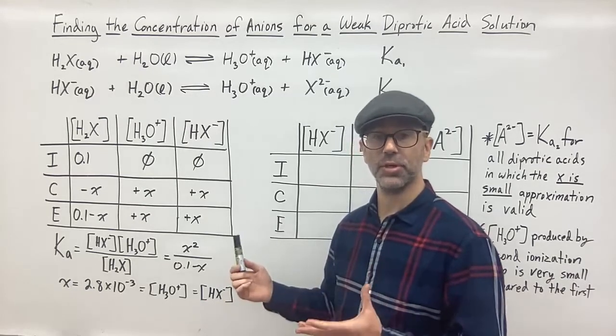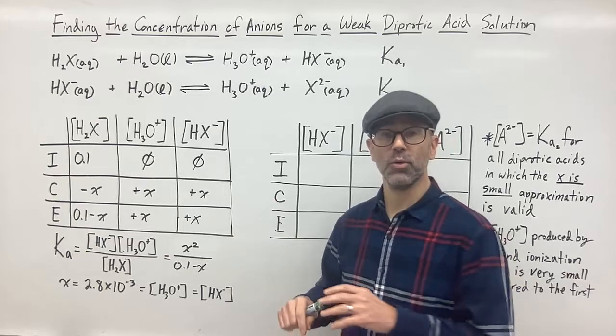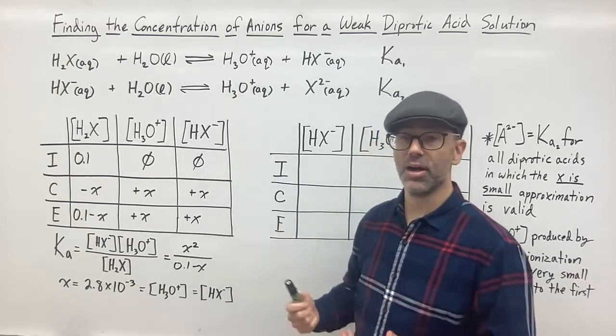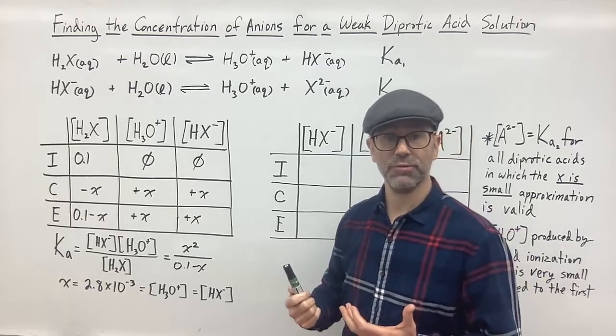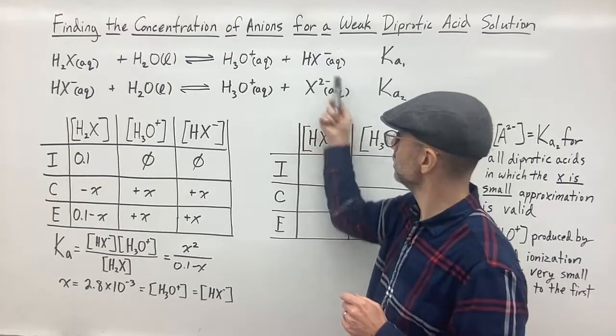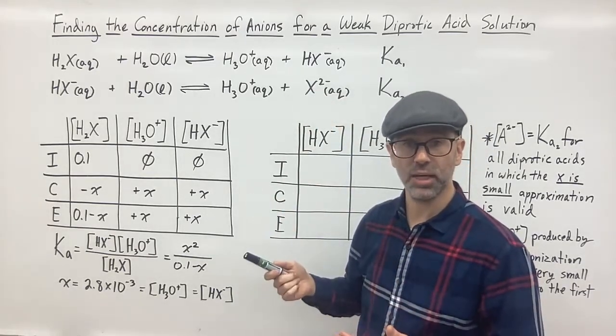Okay, so that was the first step, and that's what we did before when we wanted to find the H plus concentration. But now the question is, how do we find the concentration of the anion, this X2 minus? Well, in that case, we have to do another ice table.